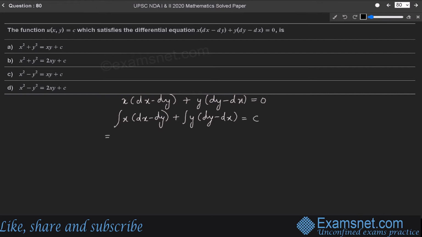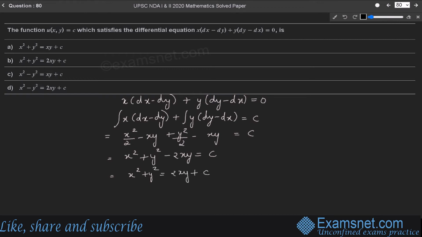Now further solving, it will be equal to x square upon 2 minus xy plus y square upon 2 minus xy is equal to c. It can also be written as x square plus y square minus 2xy is equal to c. Or we can write it as x square plus y square is equal to 2xy plus c.